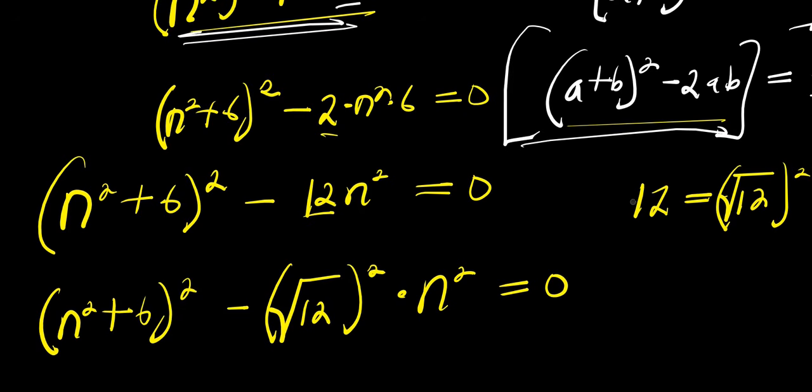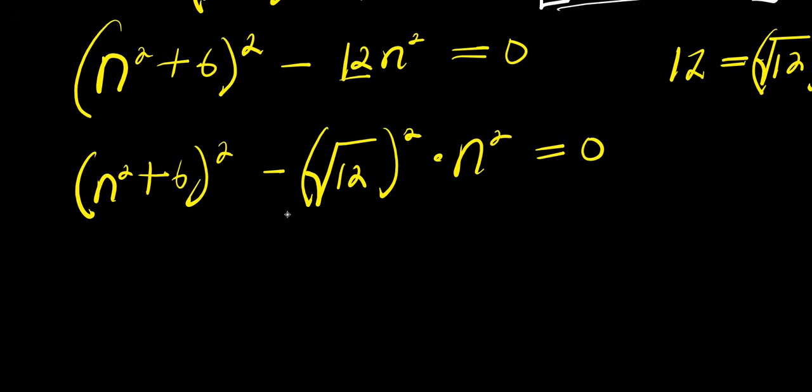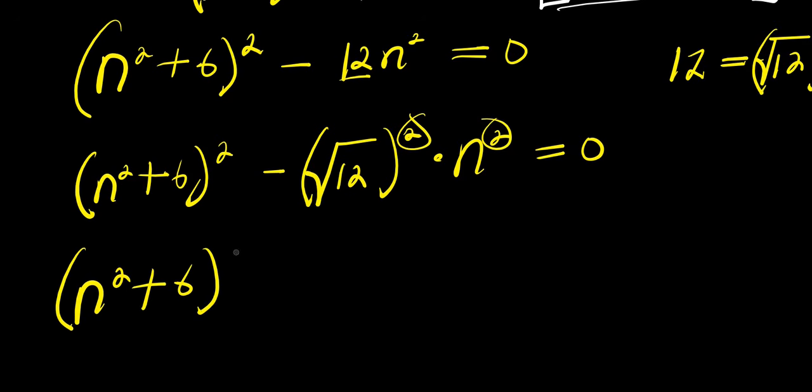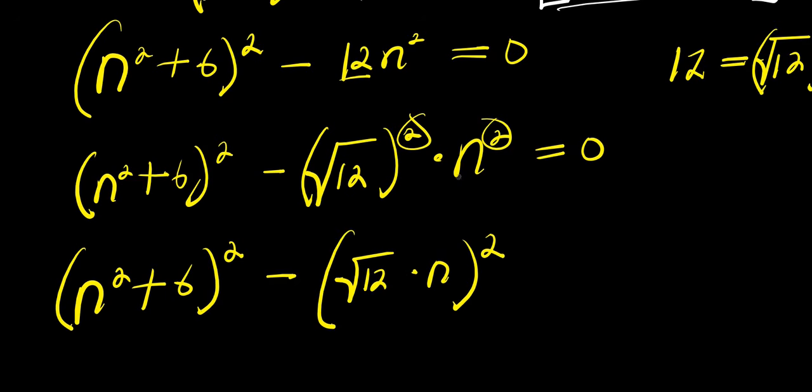So right here, what I'm going to do again will be to factor out the common exponent, which is power 2. So I'm going to have (n squared plus 6)^2 minus (square root of 12 times n)^2, because the exponent is common, equals 0.